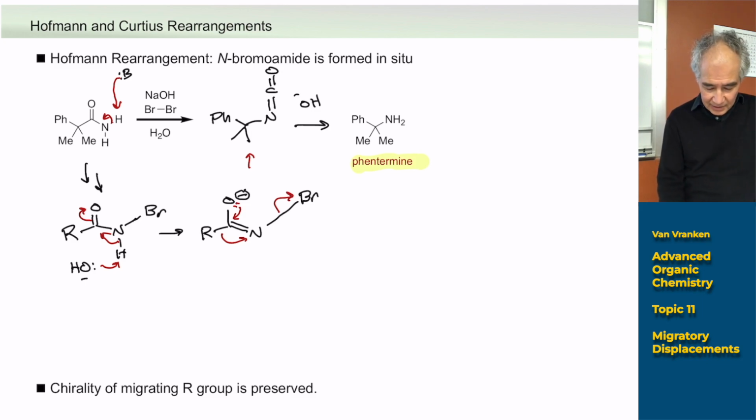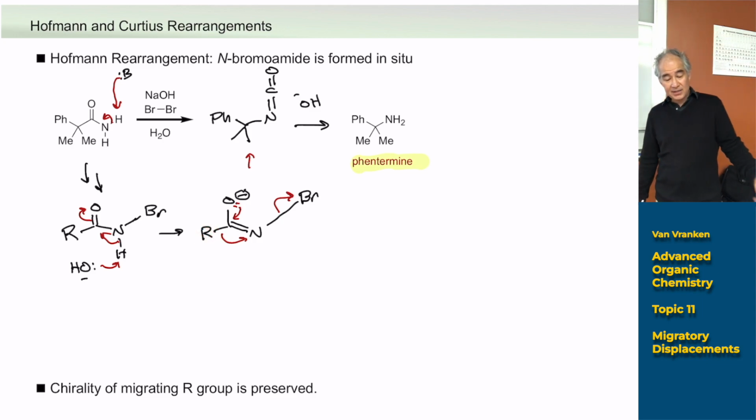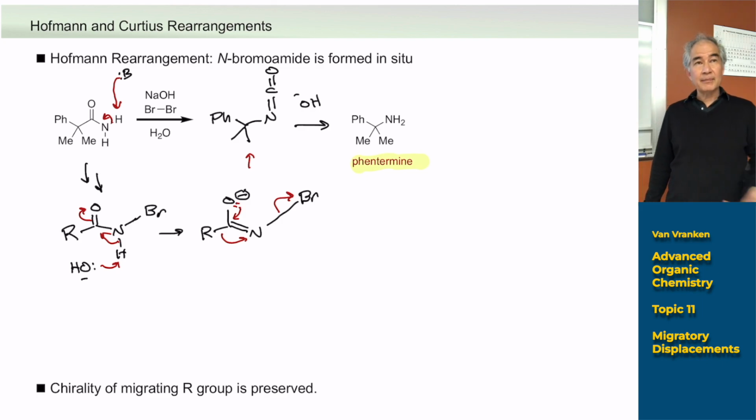Okay, this R group is migrating over in this step. And so if that R group was a stereogenic center, you would preserve that during the migration. You wouldn't change the dashed or wedged bonds attached to R during the migration step. So the chirality of the migrating groups in Curtius rearrangements and these Hofmann rearrangements is preserved.